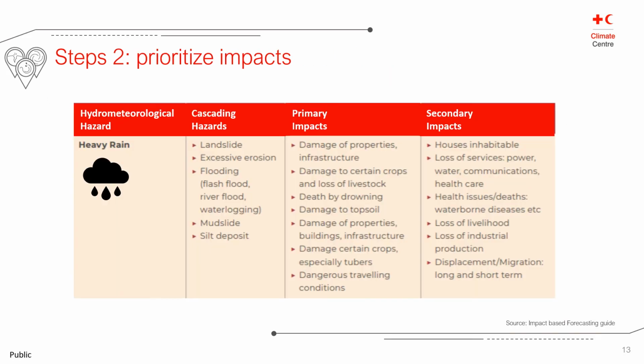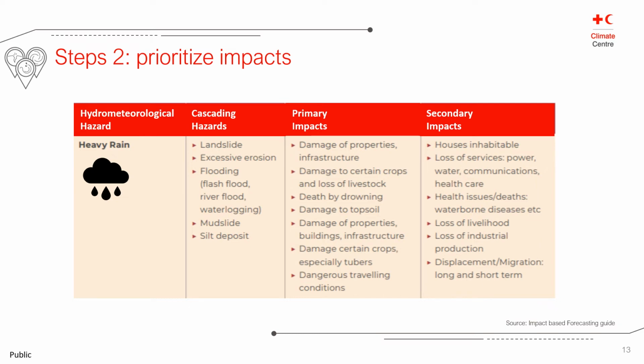When you look into the prioritization of your impact, we recommend you use, for example, this type of table. You look at your particular hazard, the primary hazard that induced the disaster. Then you look at the cascading hazards. In this case, heavy rainfall can lead to landslides, mudslides, or different types of flooding.